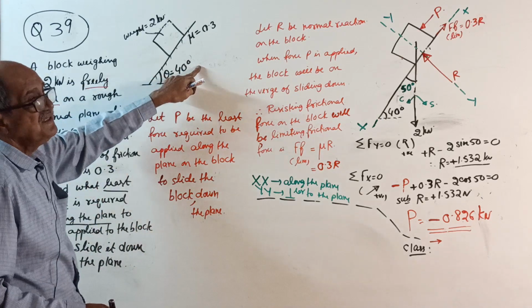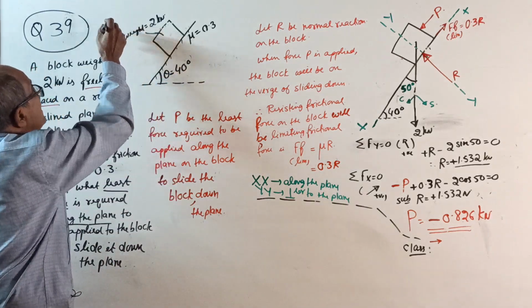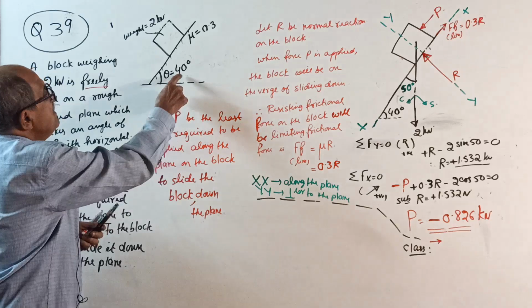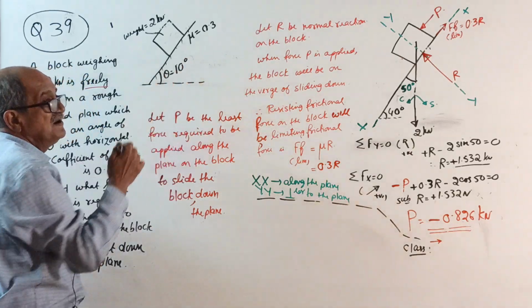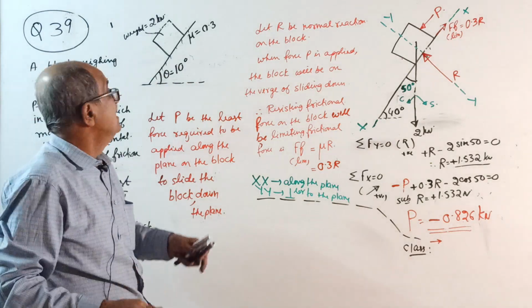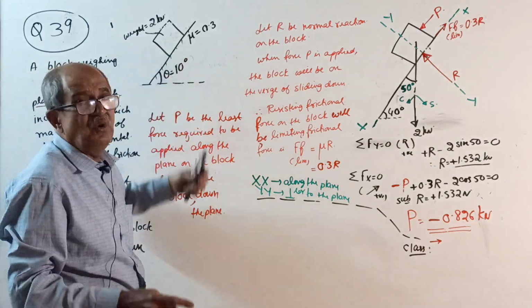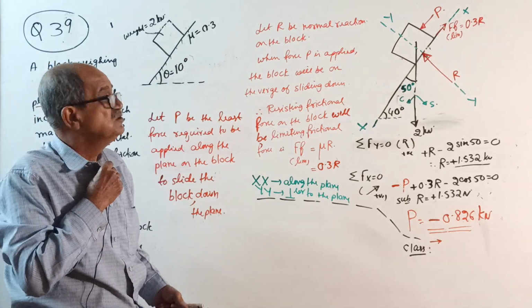Now this sketch I have to change. I will redraw it, because I cannot make it this way. Somebody will say, hey, this person does not know what an angle of 10 degrees looks like. So I will put the sketch once again so that it looks real.